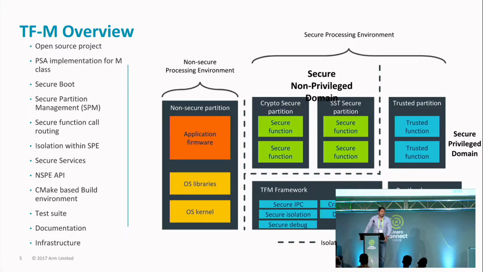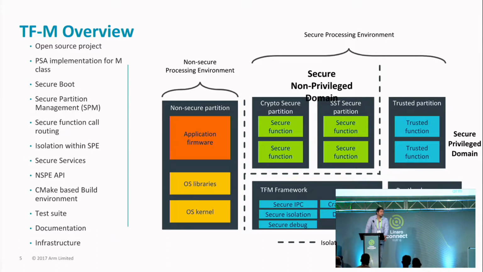On the right-hand side, you see what we have in the TFM. Most of the software implemented in TFM is represented on the right-hand side. The underlying principle for the architecture definition for the TFM is the principle of least privilege.